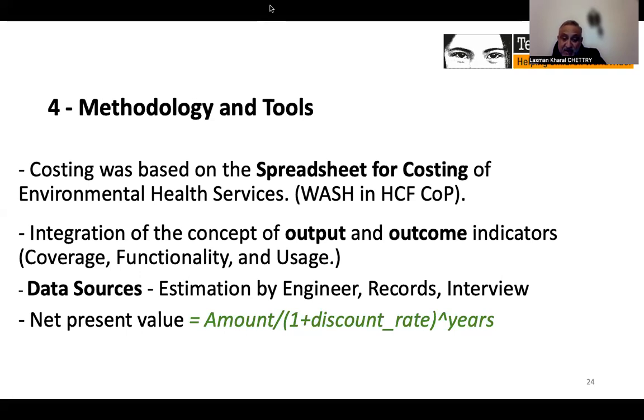We have also now developed a tool for systematically maintaining such records at the healthcare facilities. Past costs were converted to present cost using the formula shown on net present value derivation, and we also referred to the IRC's guideline to understand life cycle costing. Yes, next slide, please.